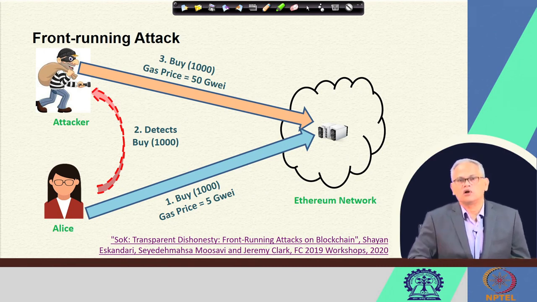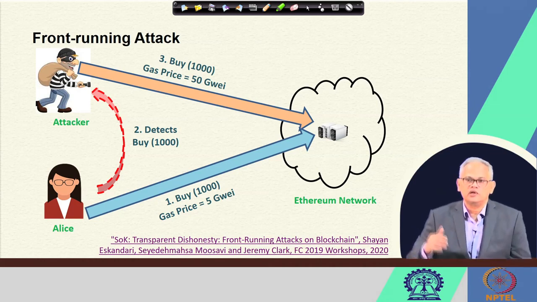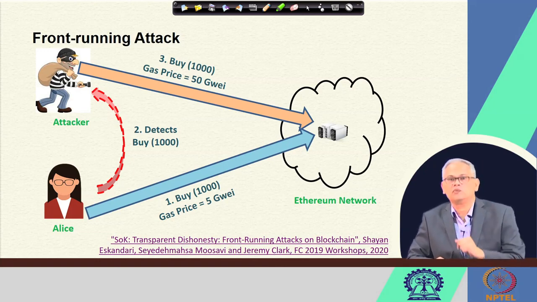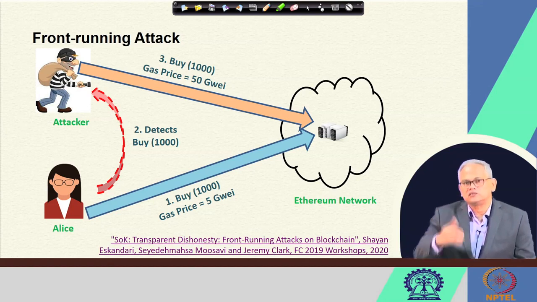Front running basically is a concept that if some party knows that something is going to be done in future, and based on that special knowledge which normally others will not have, this party, let us call it the attacker, takes certain steps so that it gets benefited out of it.